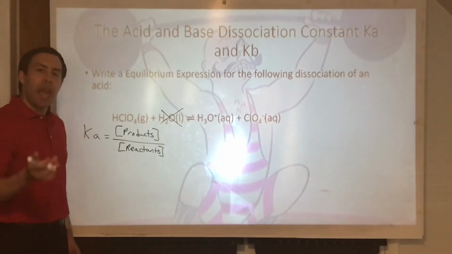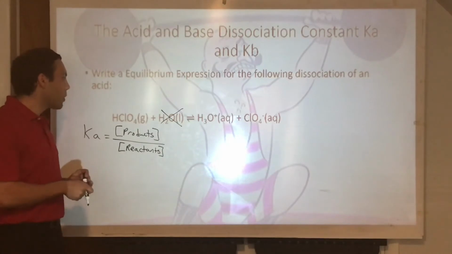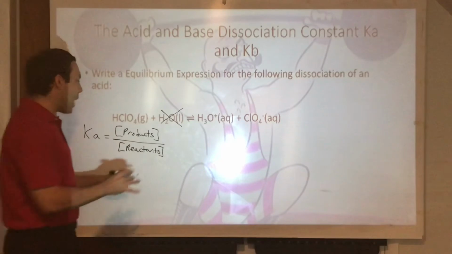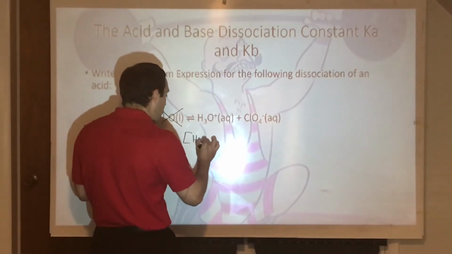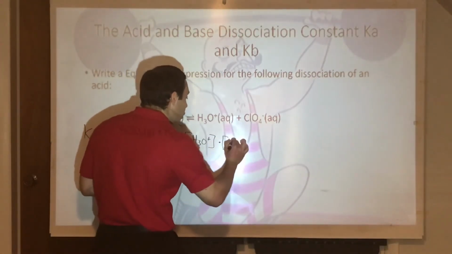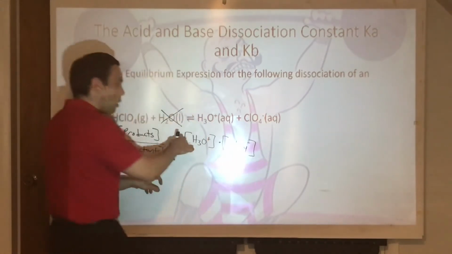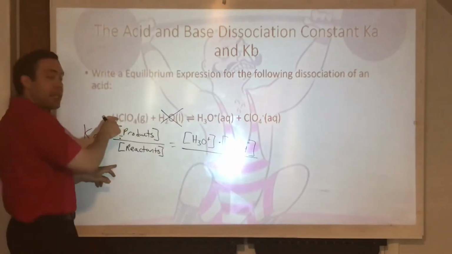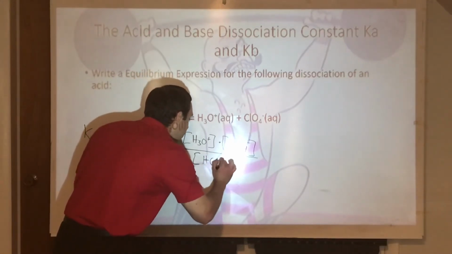Only aqueous and gases are represented in the equation. So now that we got rid of our liquid and there are no solids, products over reactants, that is going to equal the concentration of H3O+ times the concentration of ClO4-, the brackets once again mean concentration, over the reactant, in this case, the concentration of HClO4.